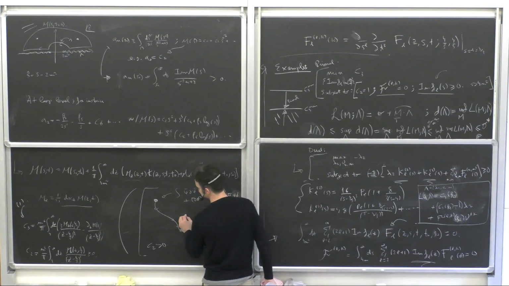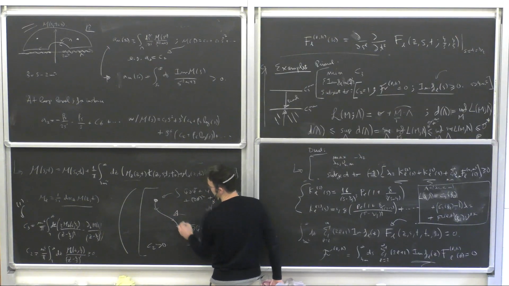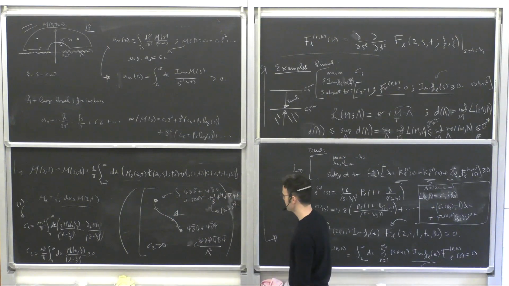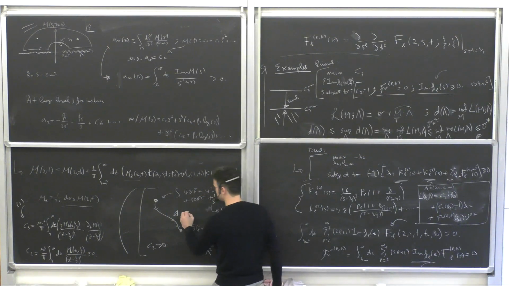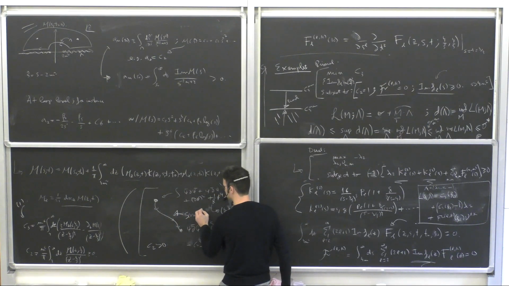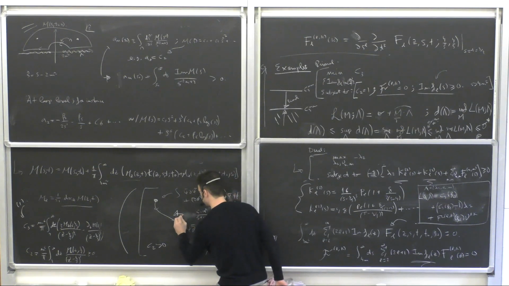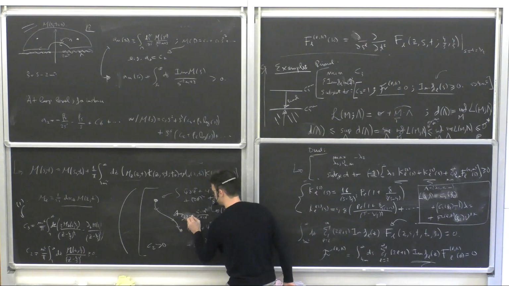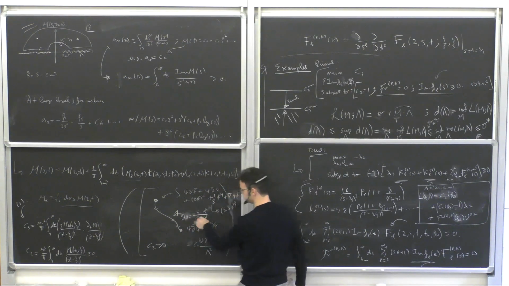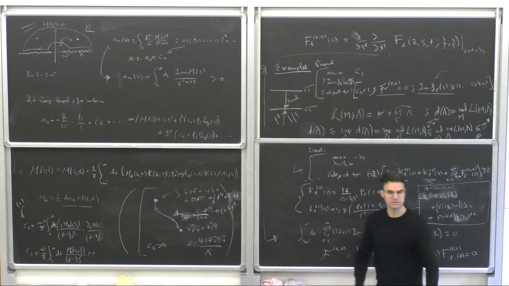But the nice thing is that in this example, the S matrix is exactly known, and it takes this simple form. S of s is equal to s minus i m over s plus i m. Depending on the conventions, in my conventions it's better to put a minus here, like this, plus.